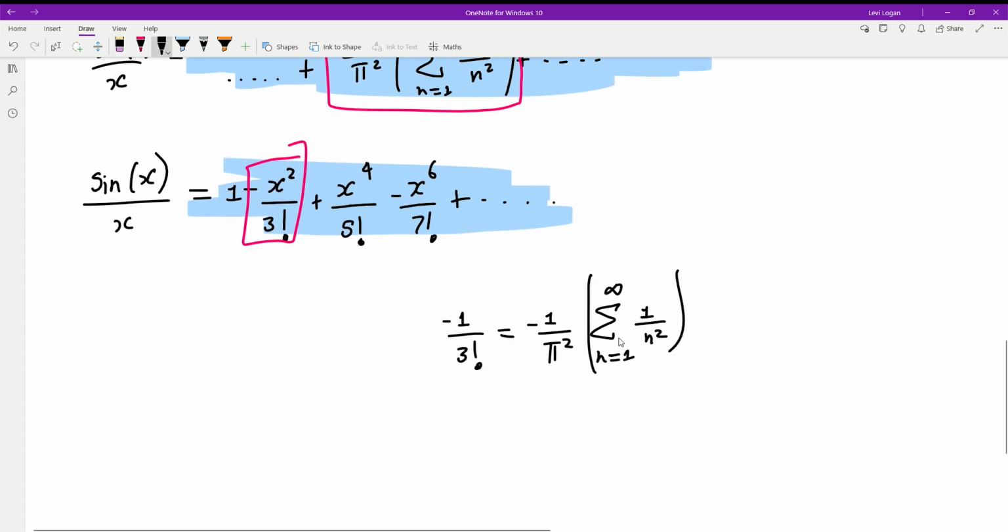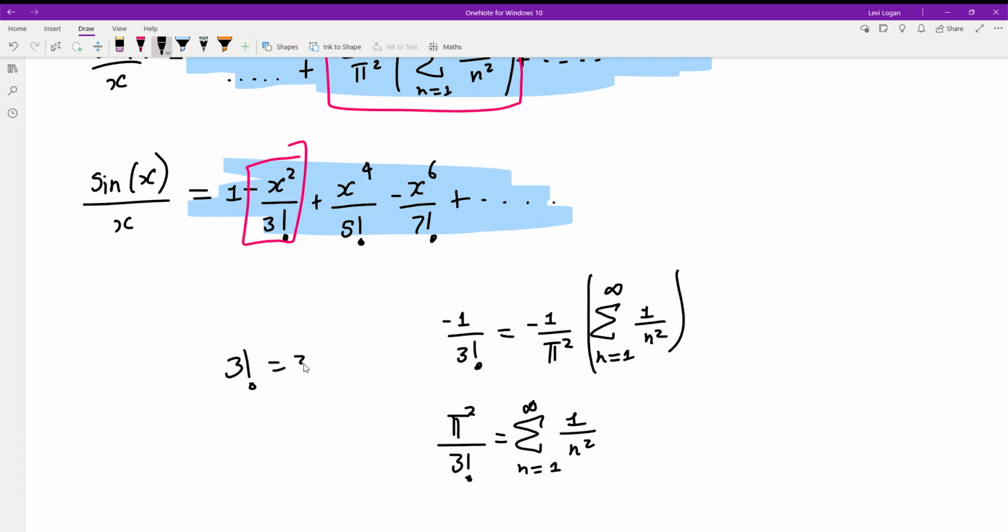All we've got to do is make this sum the subject of the formula. 3 factorial is 6. Pull the negative pi squared over there, and we get pi squared on 3 factorial is equal to our Basel function. Now 3 factorial is just 3 times 2 times 1, so that's 6.